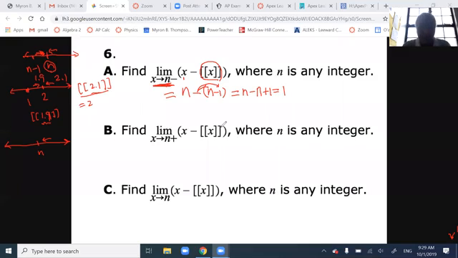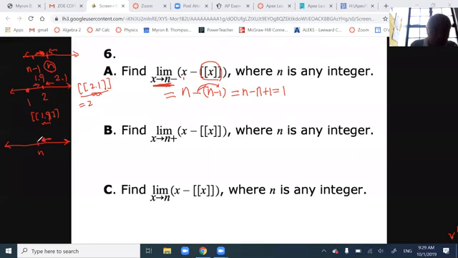Let's continue from here. If x approaches n from the right side, like 2.1, the integer is 2.